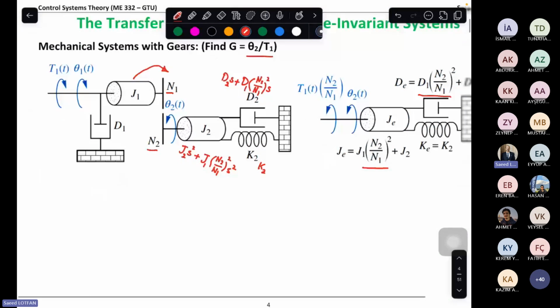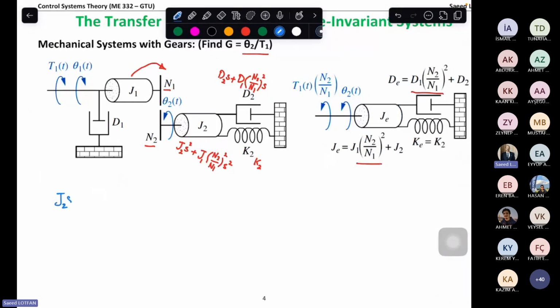If I want to write in this form, I have to say J2 S2 plus J1 (N2 over N1) to the power of 2 S2 plus D2 S plus D1 (N2 over N1) to the power of 2 S plus K2, multiplied by theta 2 is T2.